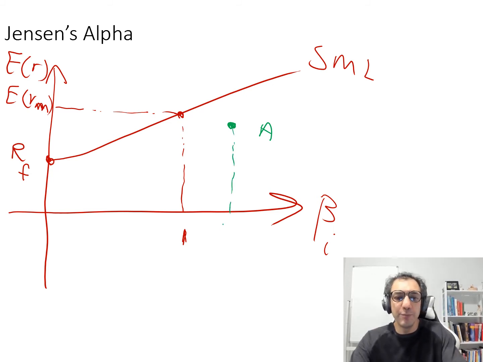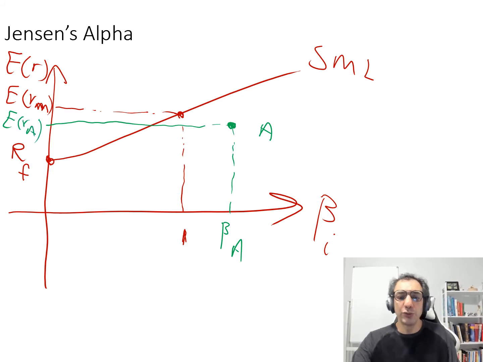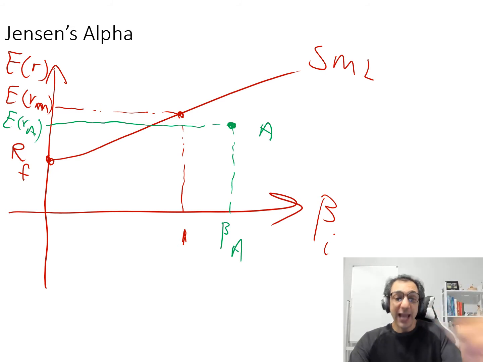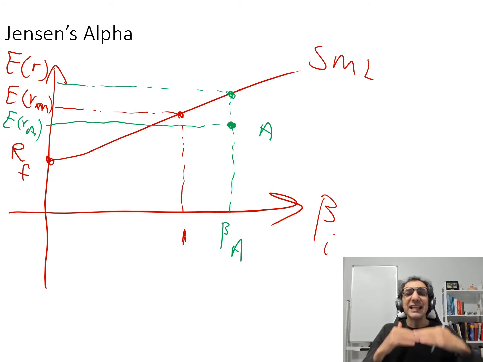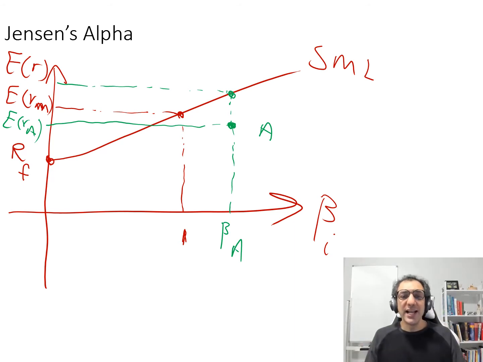So this is the beta of stock A, and here is the expected return for this stock. Let's call it expected return of A. However, based on the CAPM, your estimated expected return of this asset should be here. So it should be much higher than what you are actually getting. So you are getting less than what SML is telling you, what CAPM is telling you.